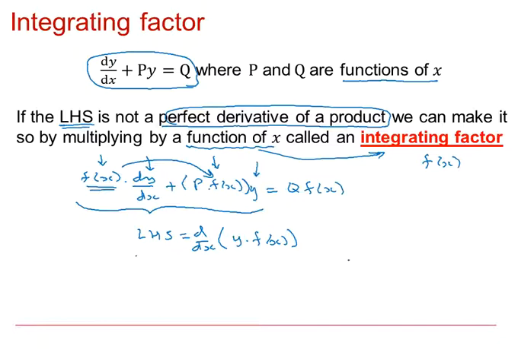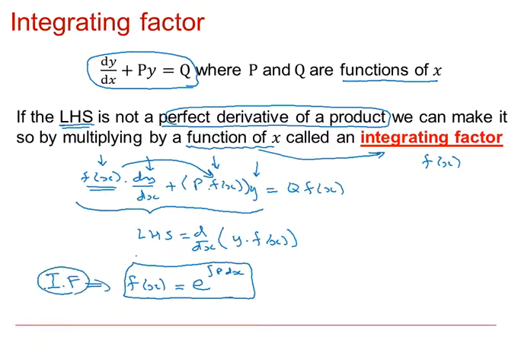So how do we get this to happen? What do we need to make f(x) produce this perfect derivative of a product? What we need is that f(x) needs to be e to the power of the integral of P dx, and that is the rule that you're going to use to find your IF, your integrating factor.